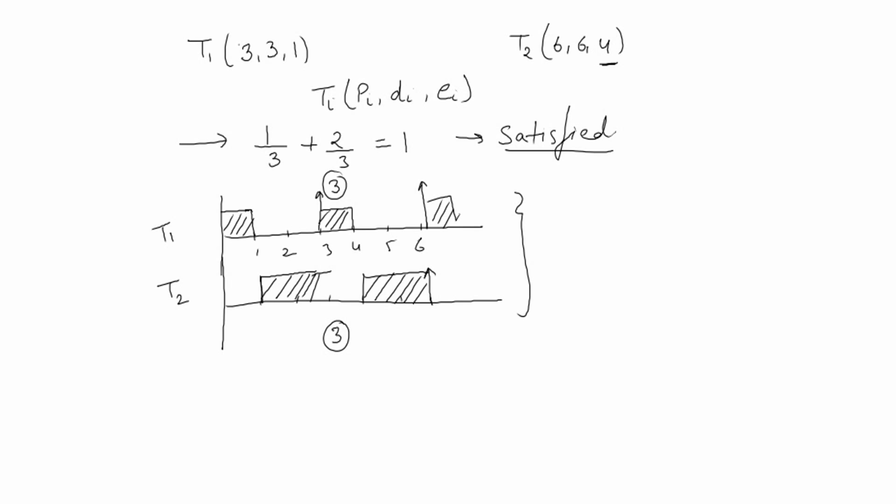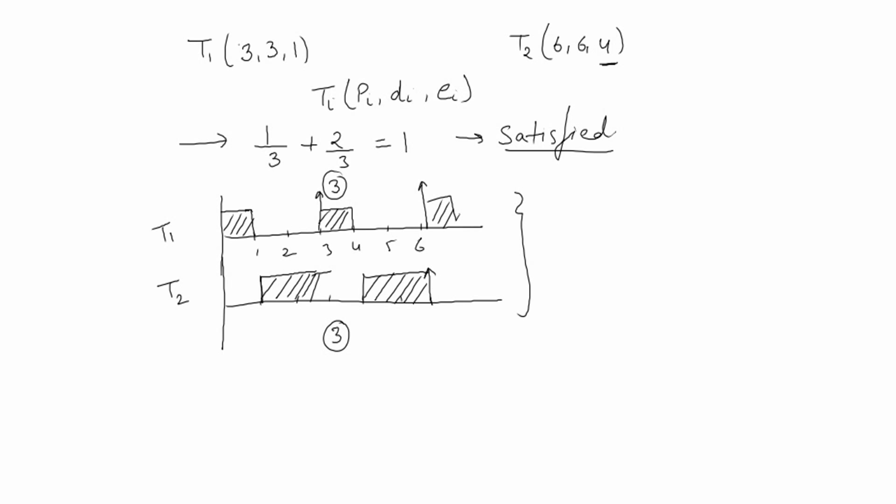If you talk about the least laxity algorithm, what it does is look at who has the least laxity time. If I go back, you tell me which one has it, T1 or T2.